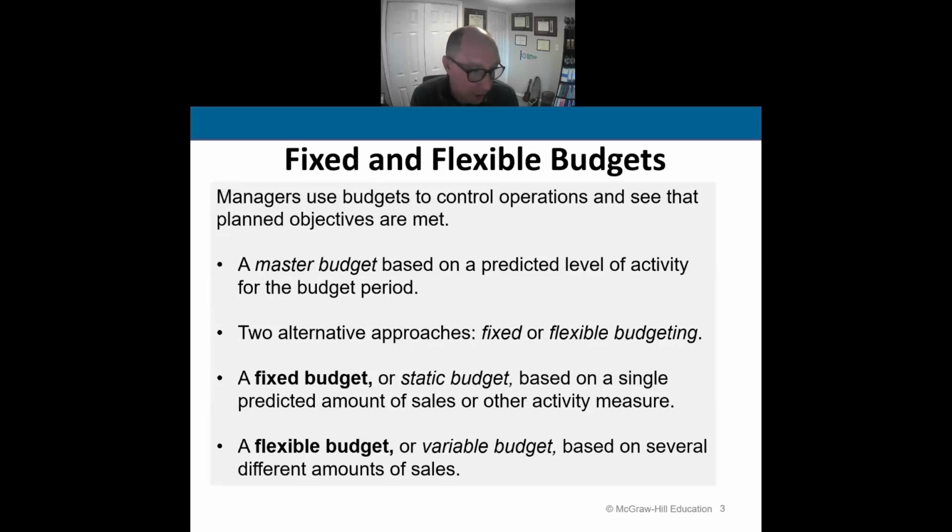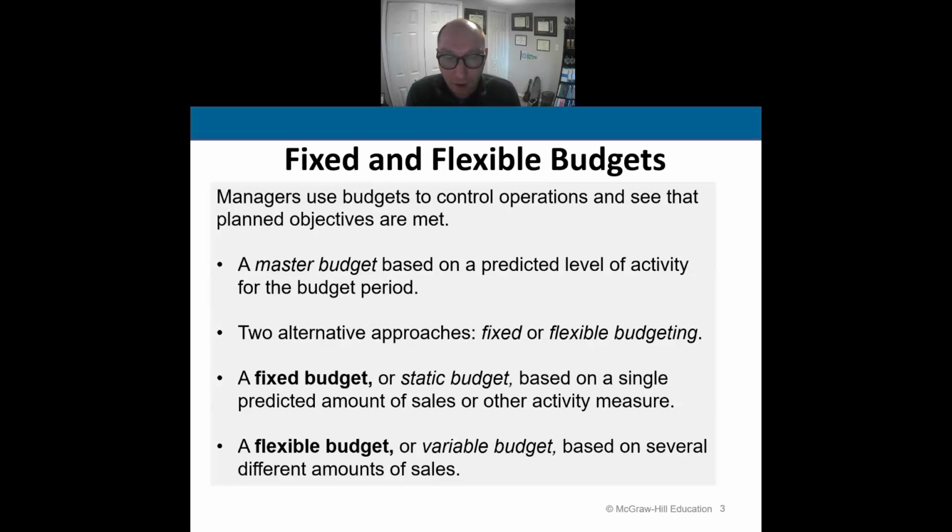We have our sales budget, which tells us how many units we need to produce. That's our production budget, and the production budget gives me my cost of goods sold budget. Cost of goods sold budget goes into my cash budget, and it all comes around. That's the master budgeting process that we just talked about.